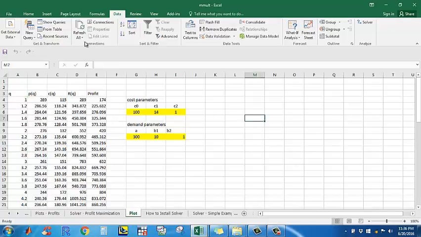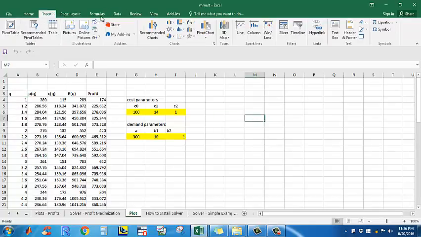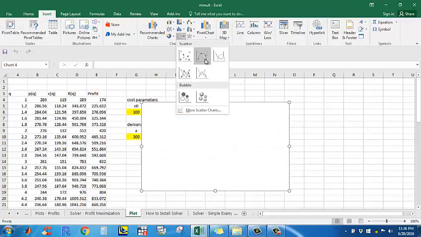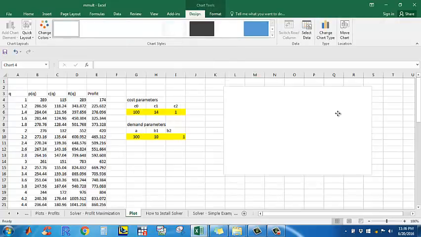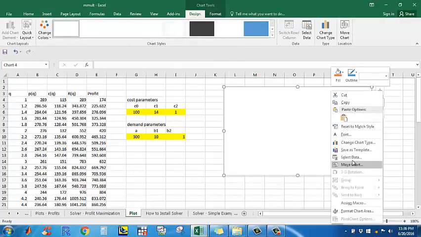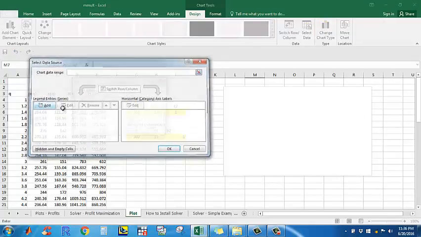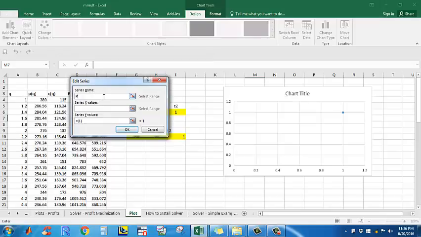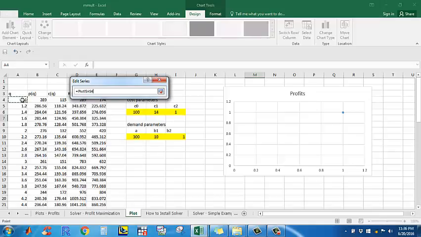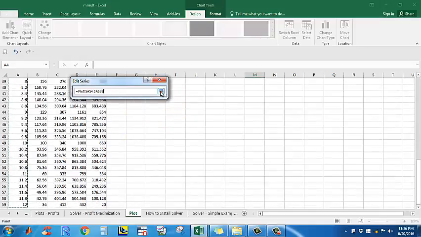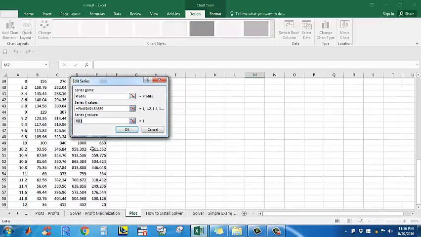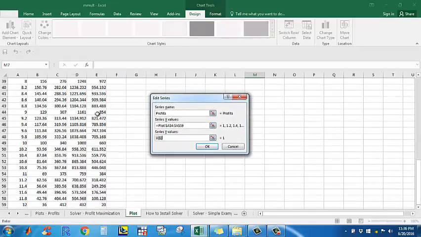So let's insert a blank chart, select data, let's do add, series name profits, we select the X values and the Y values.